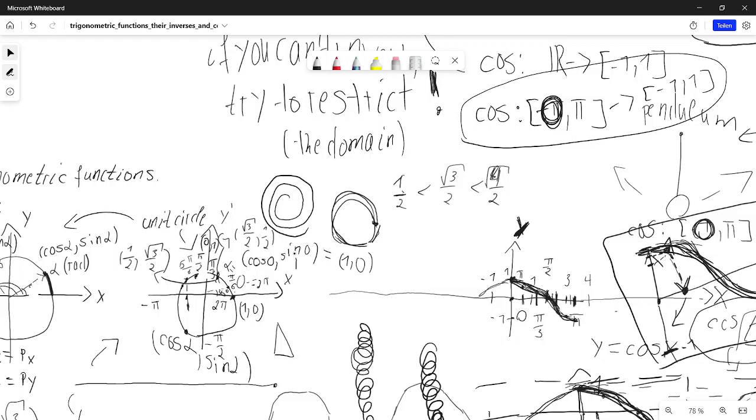If you don't know that for some reason, then you would not be able to distinguish. But the arc cosinus, or the inverse of cosinus, would always think that you took an angle from here, and it will give you an angle corresponding to the cosinus you have from here.